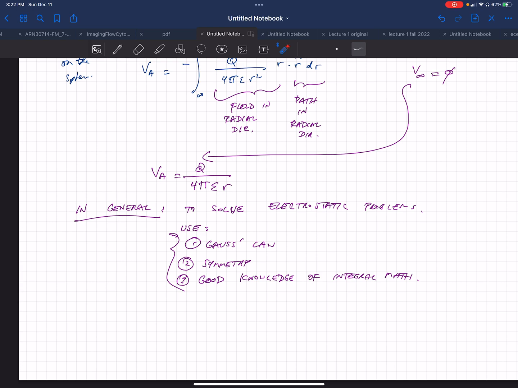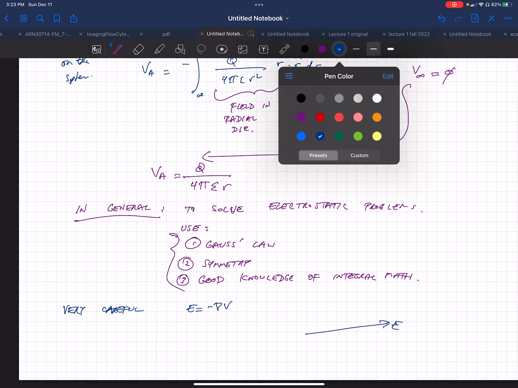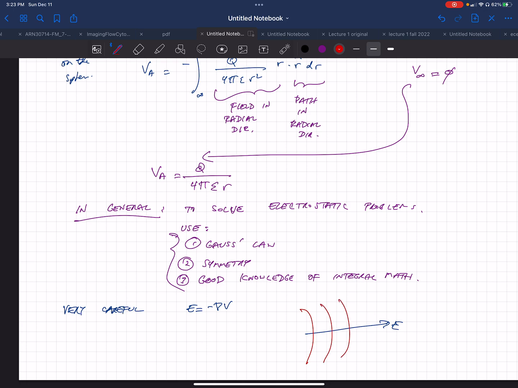I just wanted to leave you with one very important thing, which comes out of the equations, which you want to be very careful about. You have to remember that because of this relationship, that E is minus the gradient of V, the electric field is always perpendicular to lines of constant potential, which is the definition of a gradient function.